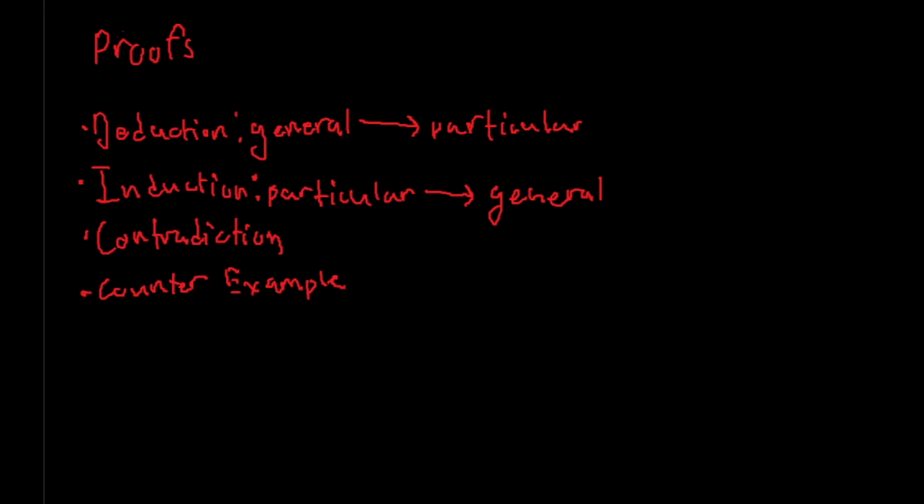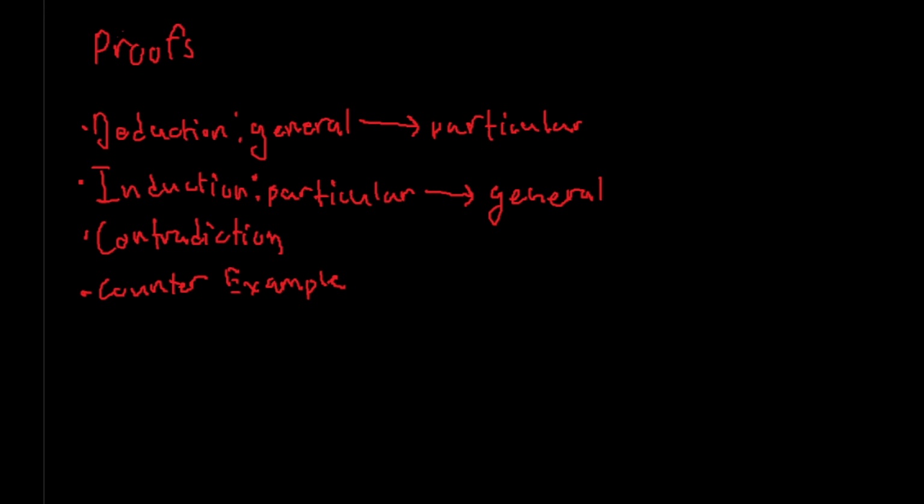Now we have proofs. For proofs, there's 4 different kinds of proofs in math: deduction, induction, contradiction, and counterexample. After I explain these, I'm not gonna go over every single one with an example problem because that will take a long time, but I will for one of them.